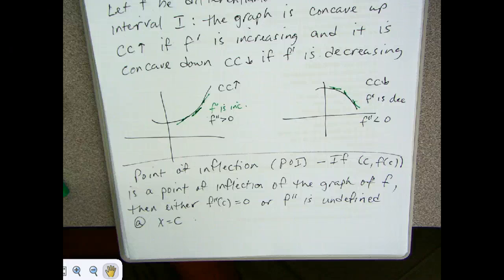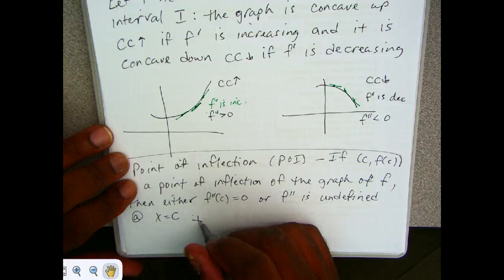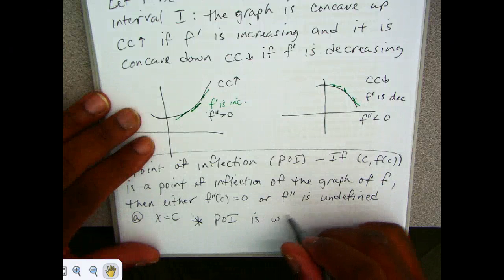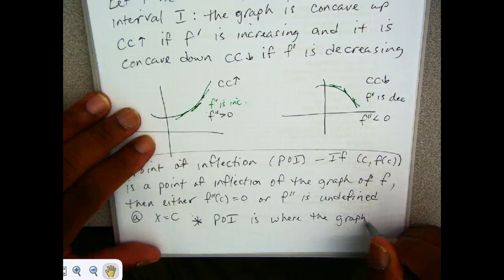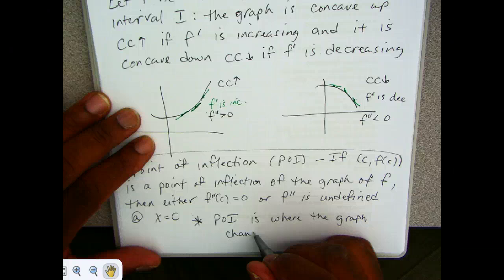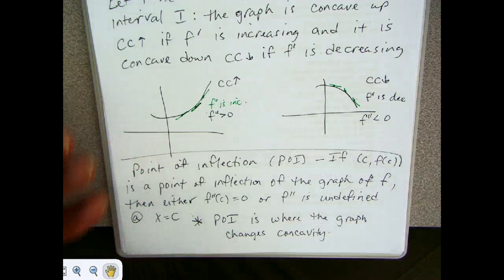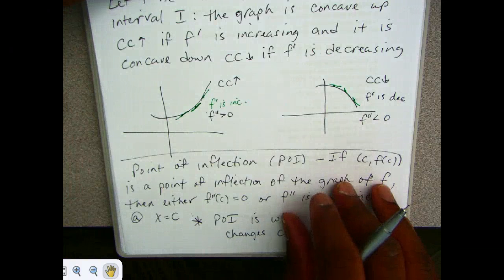Okay, so a point of inflection also describes where your graph changes from being concave up to concave down or concave down to concave up. So the point of inflection is also where your graph changes concavity. So it either goes from being concave up to concave down, or from concave down to concave up.